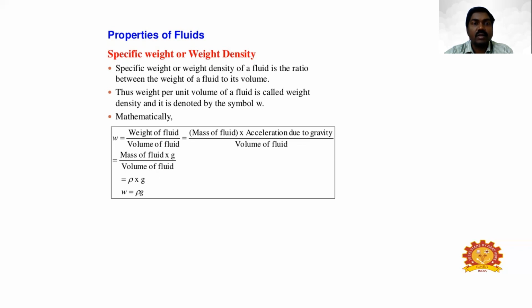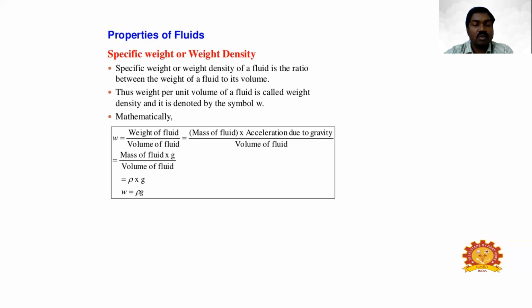Thus, the weight per unit volume of fluid is called weight density, and it is denoted by the symbol small w. Mathematically, we express it as follows.